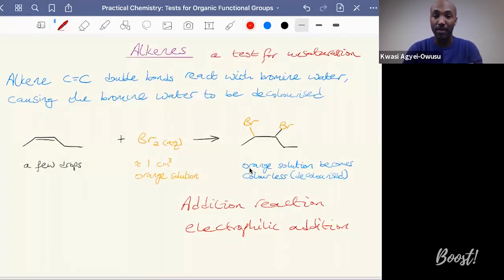So as a result, you go from an orange solution to a colorless solution. Okay, so that is the test for alkenes, and one that you should be familiar with from GCSE, but also in the first year of A-level.